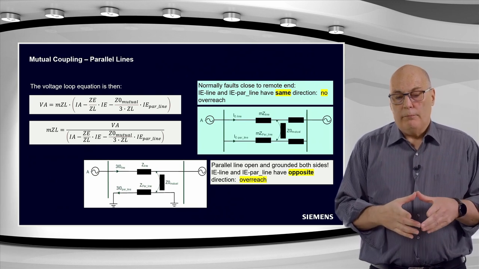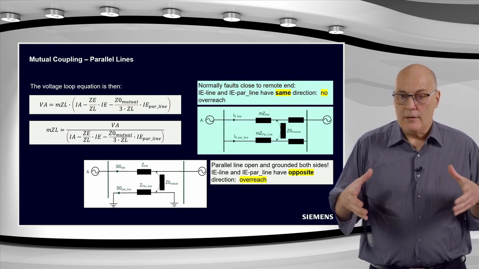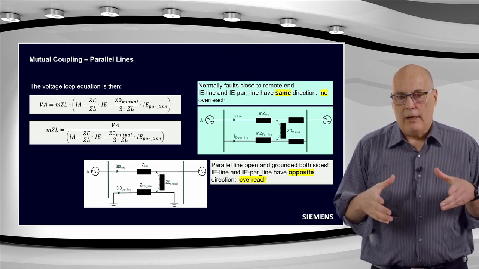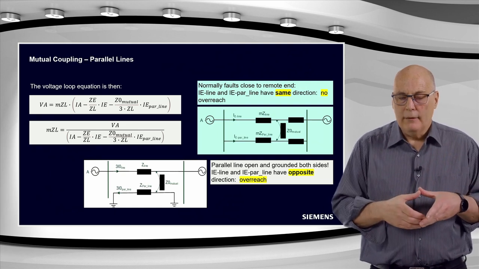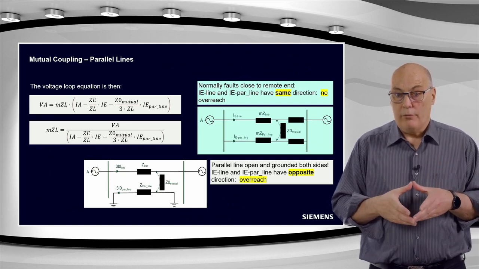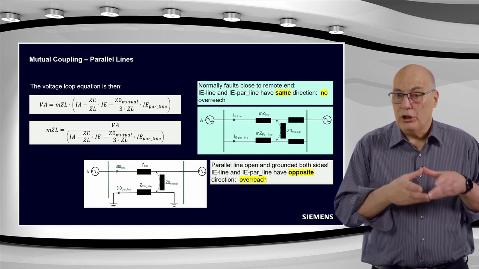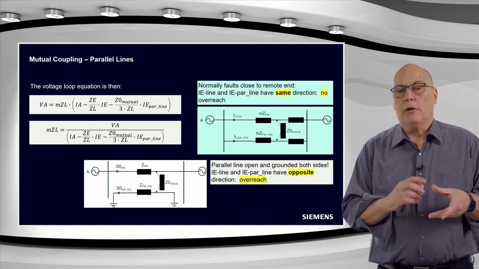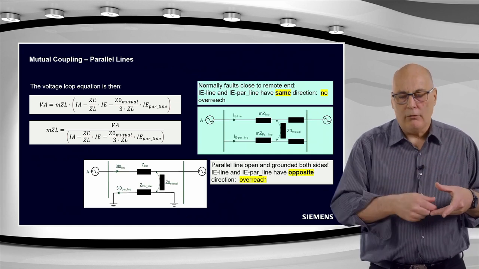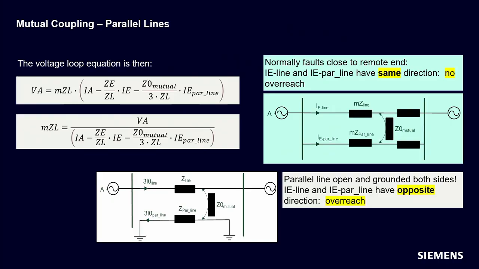Because if you consider the three conductors under normal operation, they will have a current flowing out and back. And if it's a phase-to-phase or three-phase fault, then the sum of the currents of each line will add up to zero, because the current will flow out on phase A, back on phase B, and if you sum that up, it'll be effectively zero.